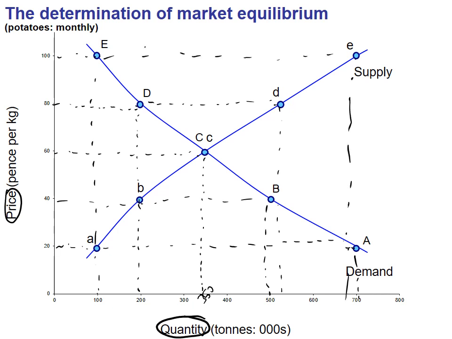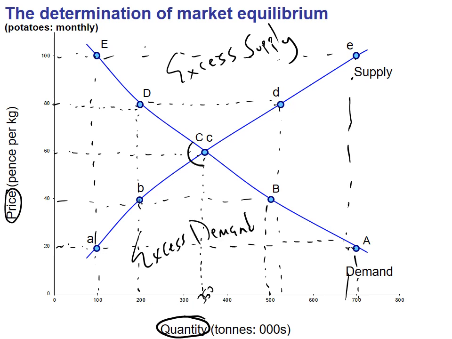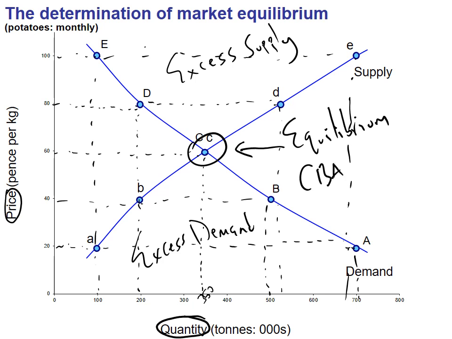So here we'll have an excess of supply above the equilibrium, and below we'll have excess of demand. But at equilibrium we will be balanced. So there you have it.